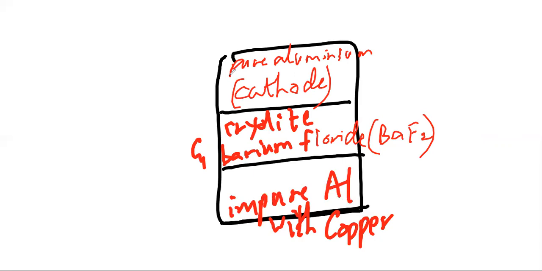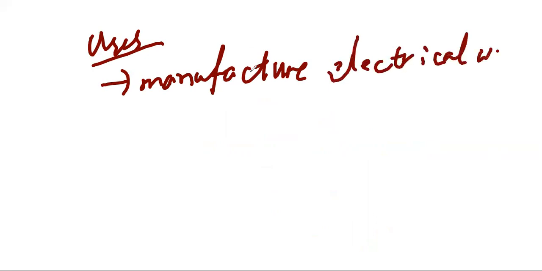Now talking about the uses of aluminium. Aluminium is used to manufacture electrical transmission wires, electrical wires, and bulbs, instruments, jewelry, aeroplanes, petrol containers.